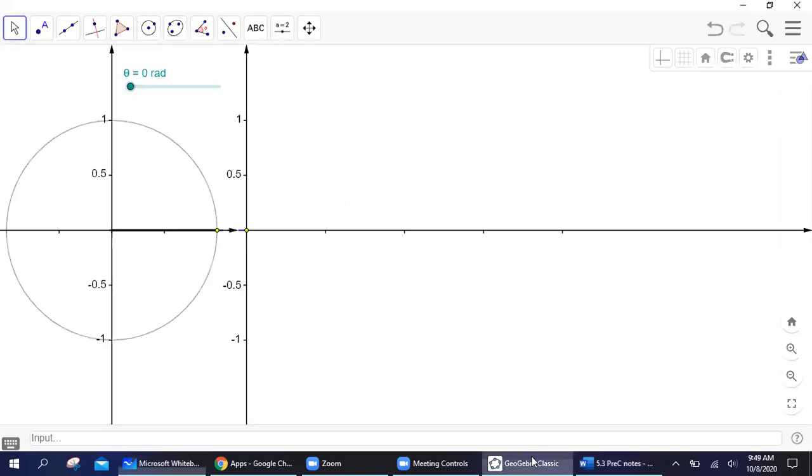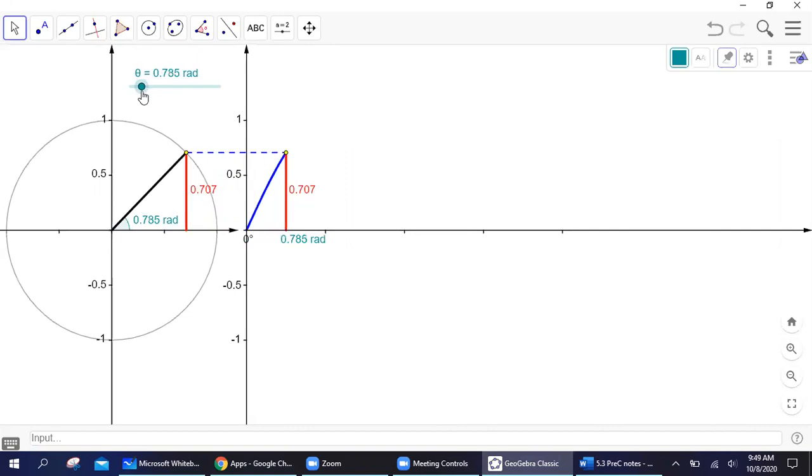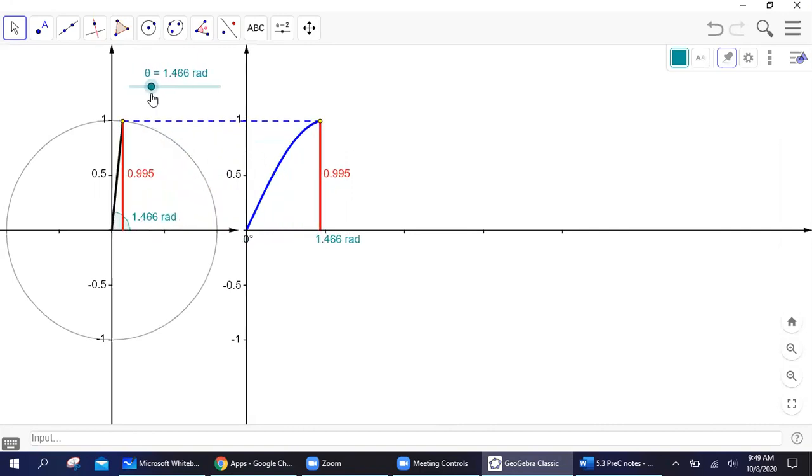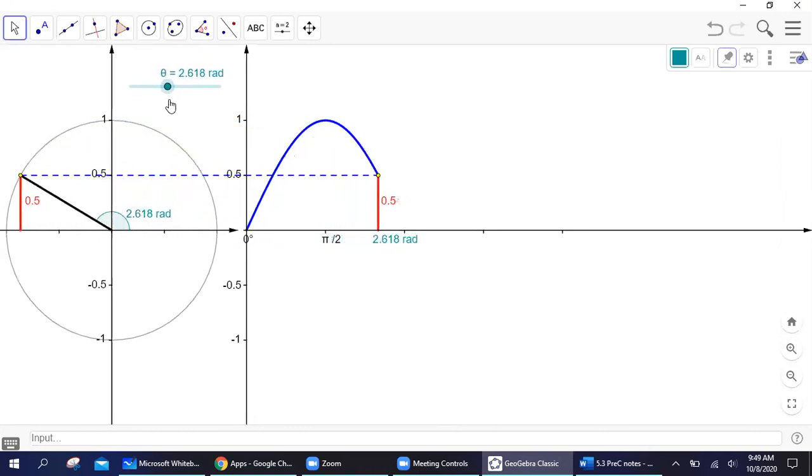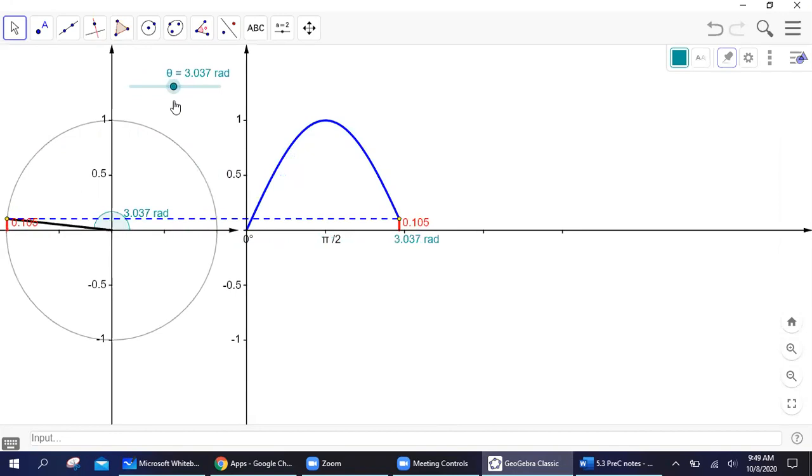And as I rotate around the unit circle, at 0 radians, the sine is 0, so you can see this dot is here. As the angle starts to increase, the sine starts to increase until it peaks at 1. But then the sine starts to drop, and at pi radians, or 180 degrees, we're back to 0.